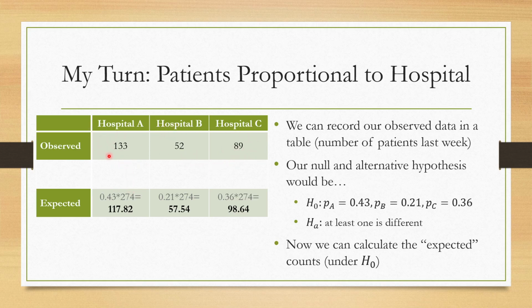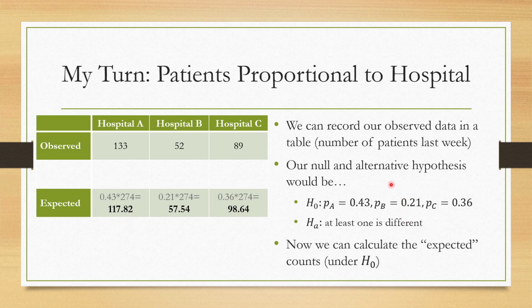So in this case, I have 133 plus 52 plus 89, 274 patients. And that gives me my expected value, 117.82. You'll note this is not a whole number. This is not a real number of patients that I could have in Hospital A, but this will serve as my expected value, decimal and all, for this particular cell.